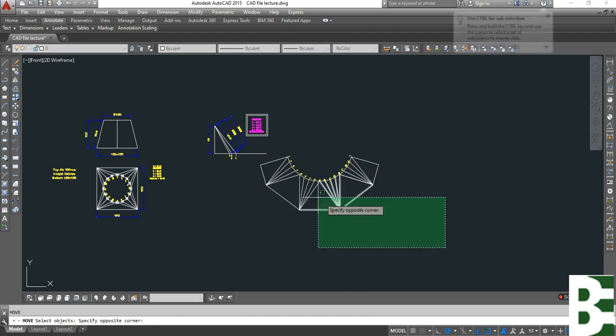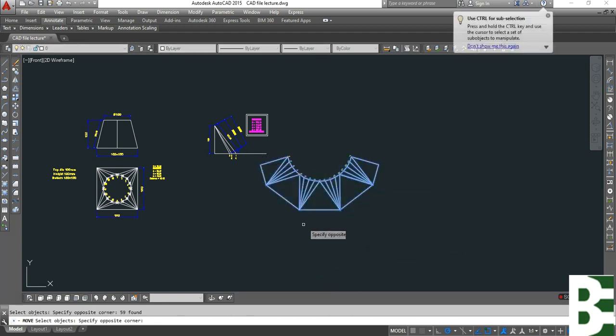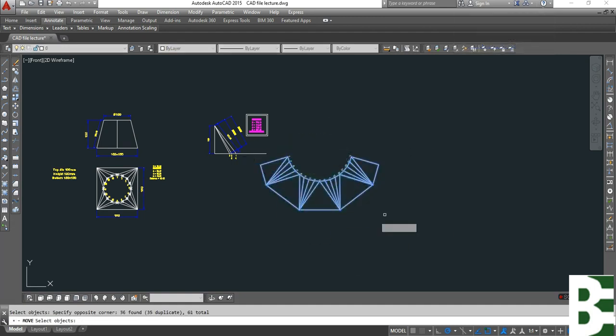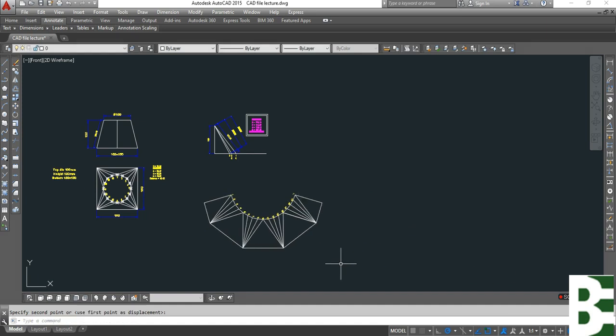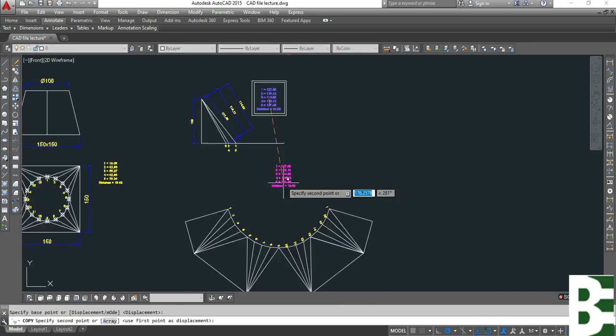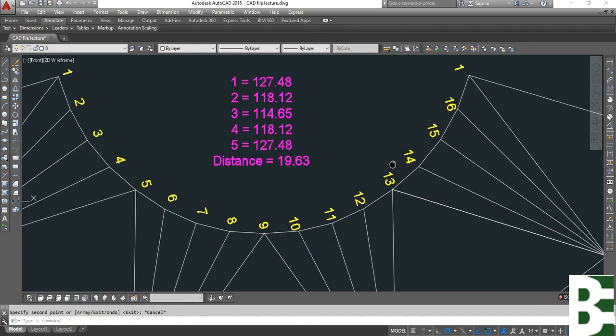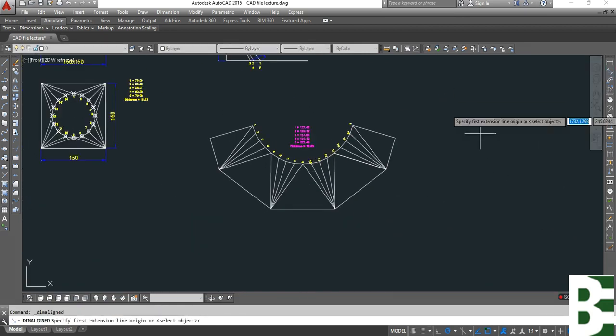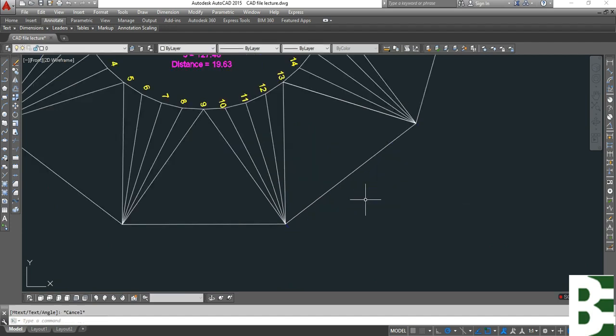If you rotate, and now let's check our dimensions. This is my table, the final table.